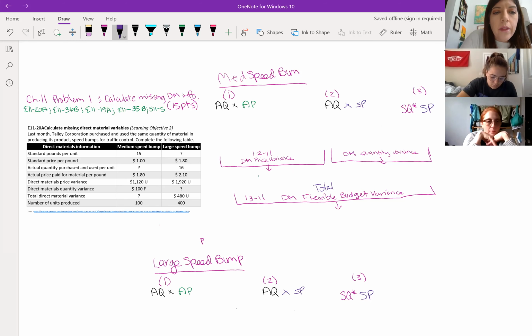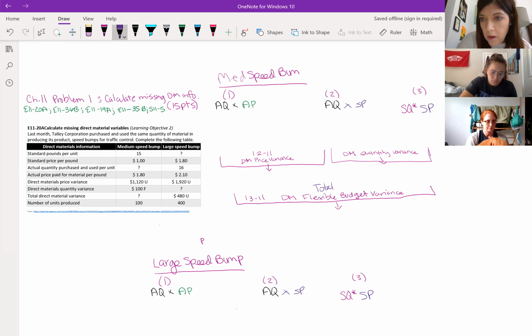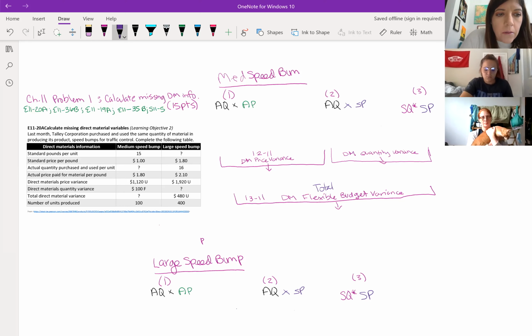But basically, with the information that's given, we're just going to populate the variance schedule that we usually use. So for the medium speed bump, we're going to do this column first. Standard pounds per unit is going to be our standard quantity.